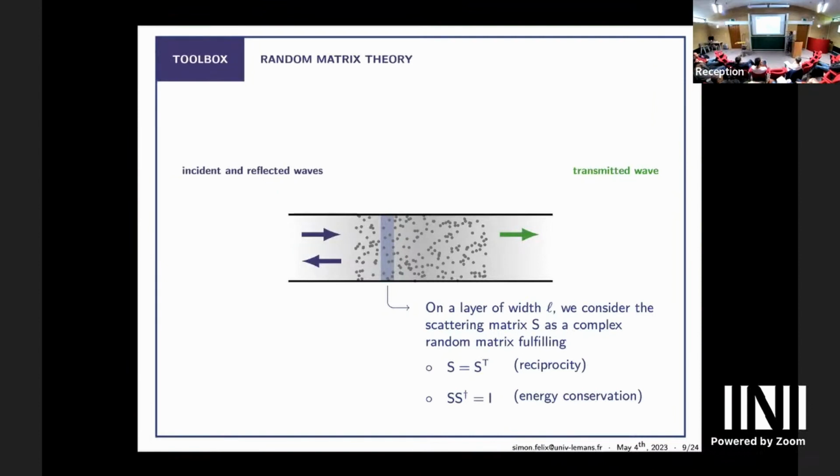I construct a matrix from this randomly generated matrix. I compose this scattering matrix which has to respect these properties. So it's completely random. You are not sure that this matrix comes from a real physical problem.